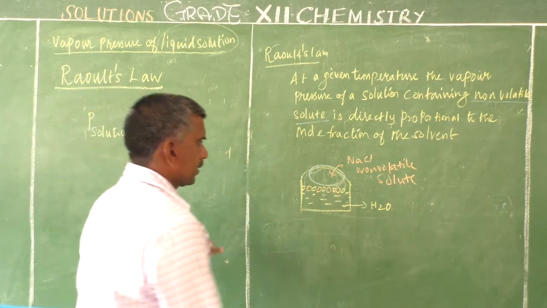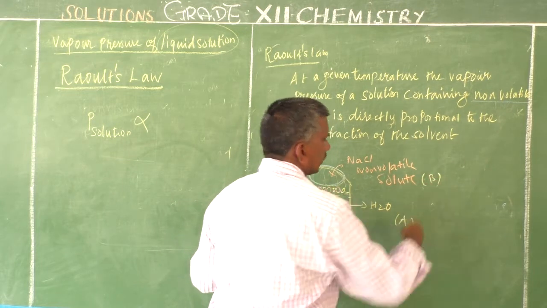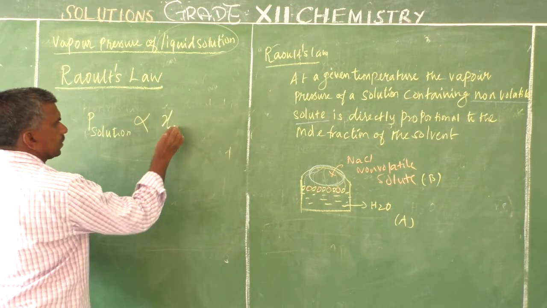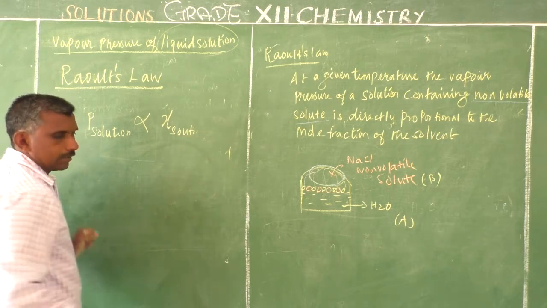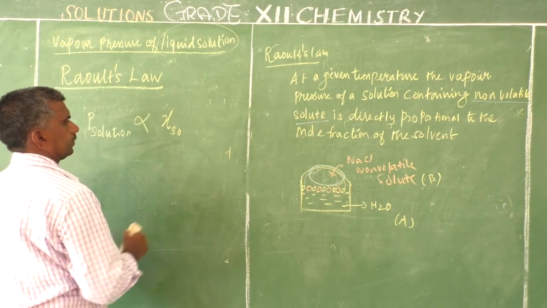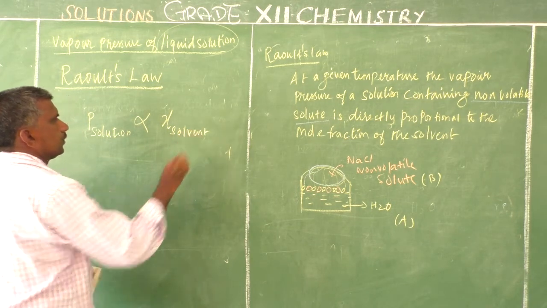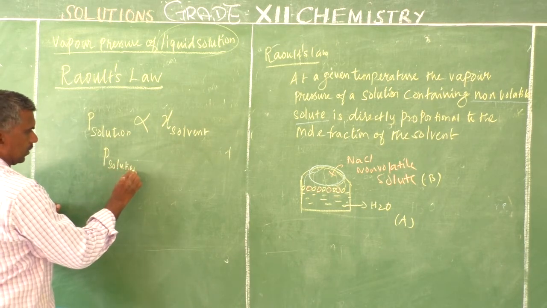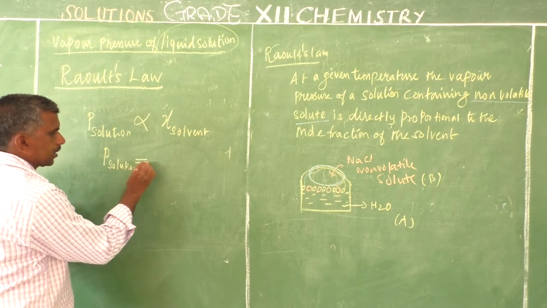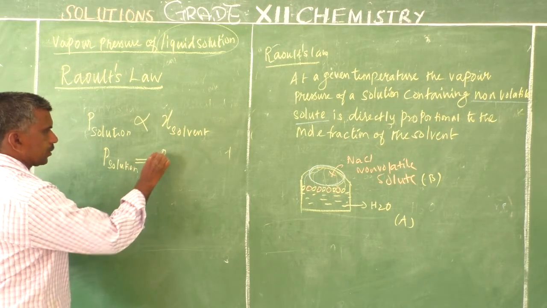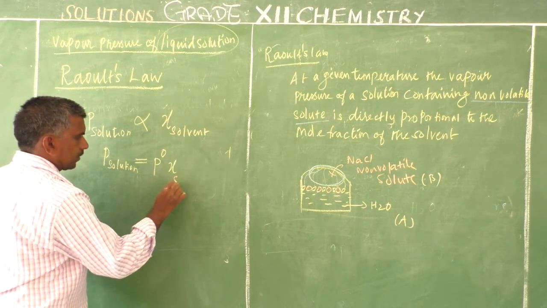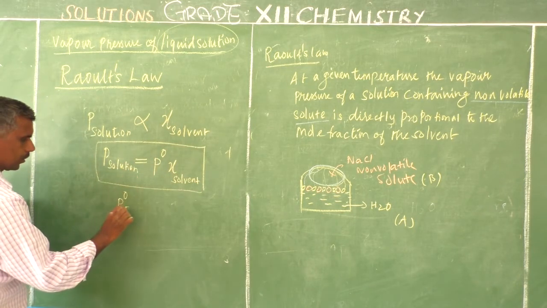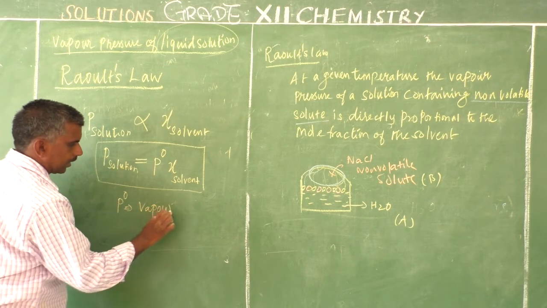Here the solvent is A and the solute is B. Using a proportionality constant in equation form, that is P0 times the mole fraction of the solvent, where P0 is the vapor pressure of the pure solvent.